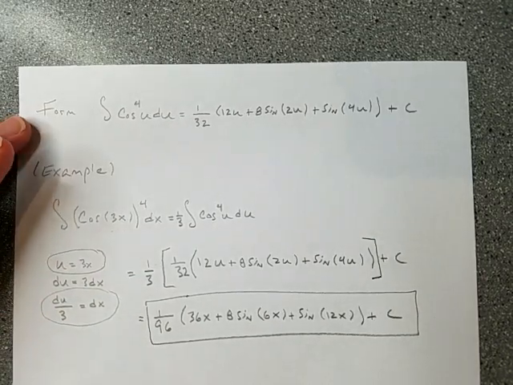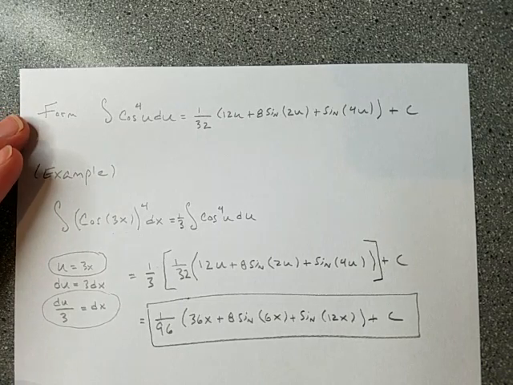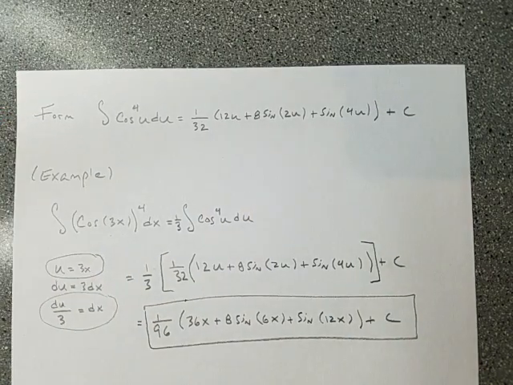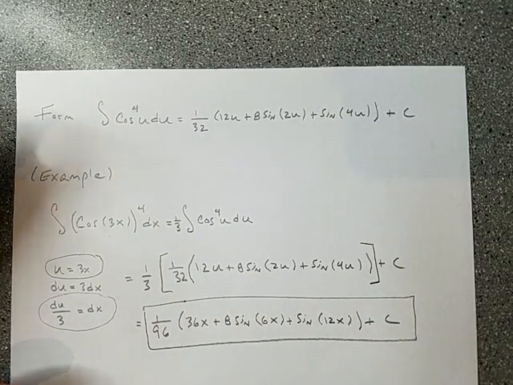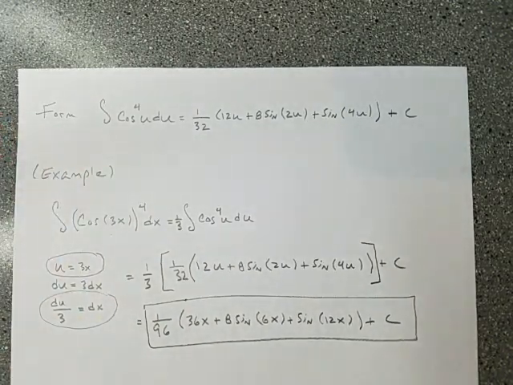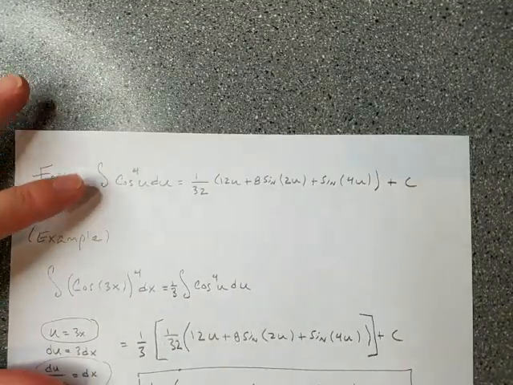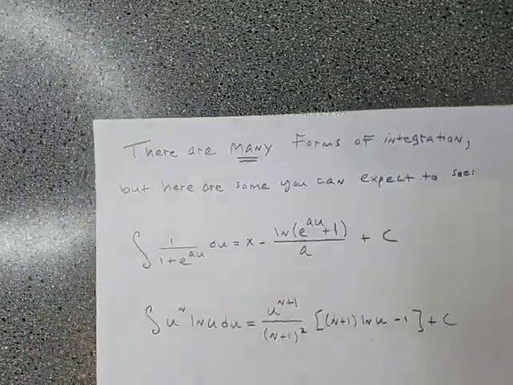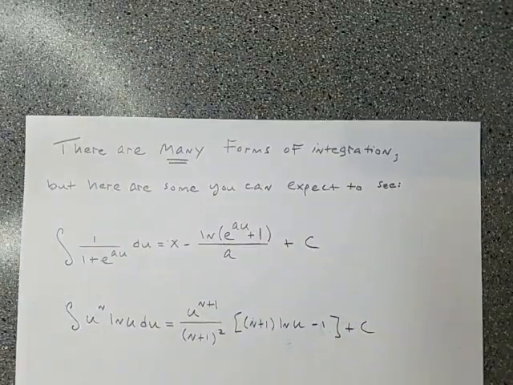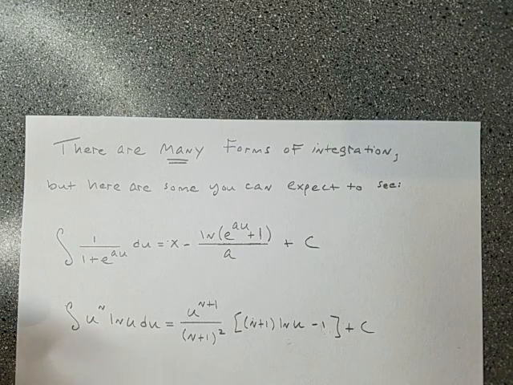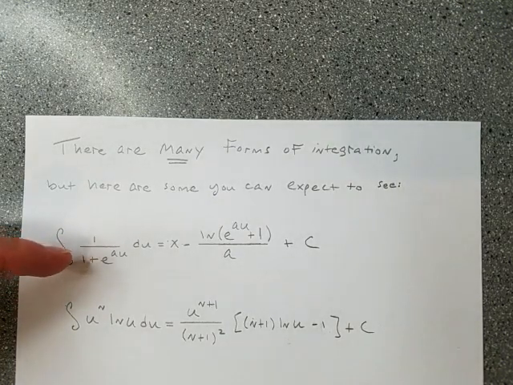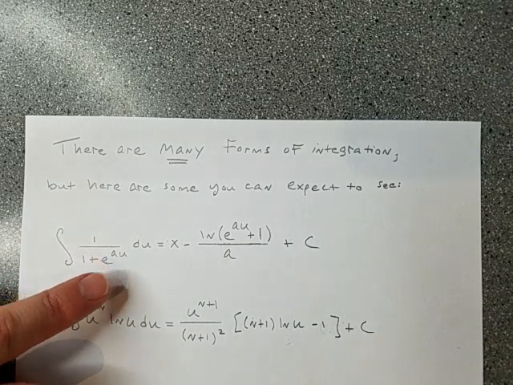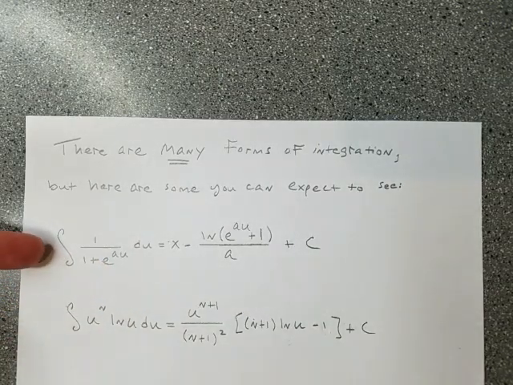Now, I've showed you every type of integral that you'll see in the assignment. If you're looking at this at some point in the future, when I'm making this video, this is intended for an assignment on WebAssign. So I've showed you all of the forms that you're going to encounter except 2, all right? And so let me leave you with those. I think that if you saw how I used the ones so far, if you saw something like 1 over 1 plus e to the 5x power, that would be like this.